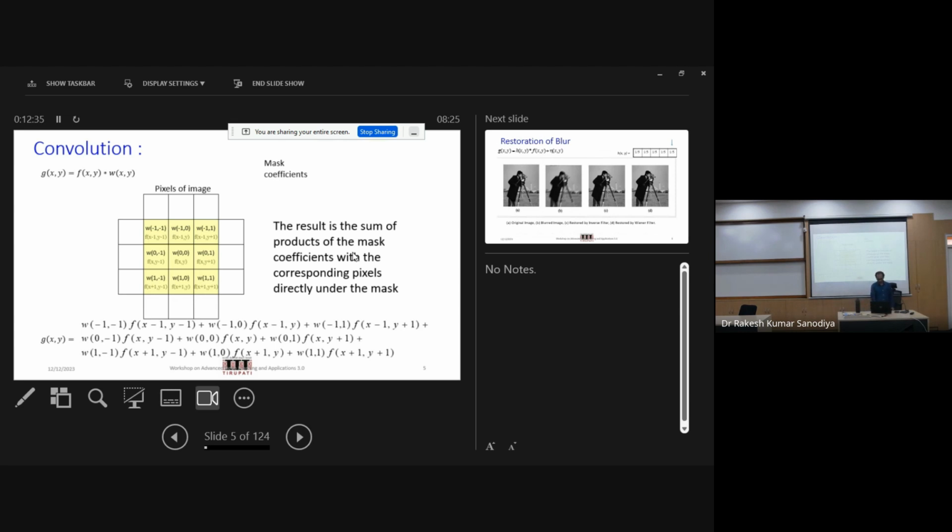Essentially, what convolution means, as you can see, this is already a flipped kernel, element-wise multiplication is done here, and then you sum all of them and put the result at the center. So this center pixel is now replaced by the element-wise multiplication of the image patch and the filter in that overlapping region.